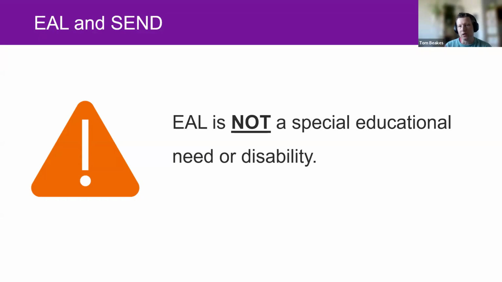Now, I'm aware I'm probably preaching to the converted in this webinar, but it's really important to be aware of the difference, because pupils identified as having special educational needs and pupils who use English as an additional language have very different learning needs. Some of the strategies we use to support them may be similar, but they'll be for different reasons.